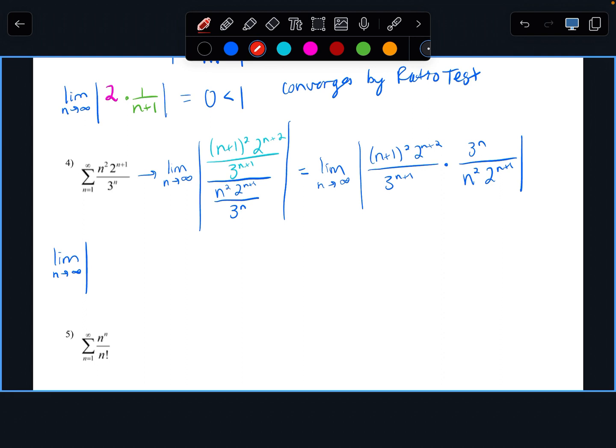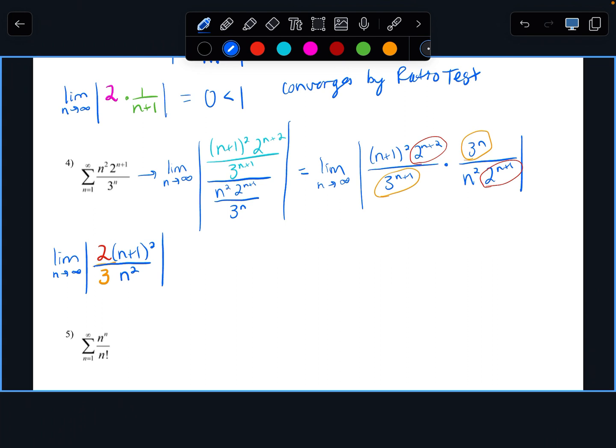With the 2s, you've got an extra 1 on the numerator, because you have the plus 2 on the top and then the plus 1 on the bottom. So you got a 2 on the numerator. Then for the 3s, you got an extra on the denominator. And then the other stuff, that n plus 1 quantity squared over n squared, you can't start canceling that out.